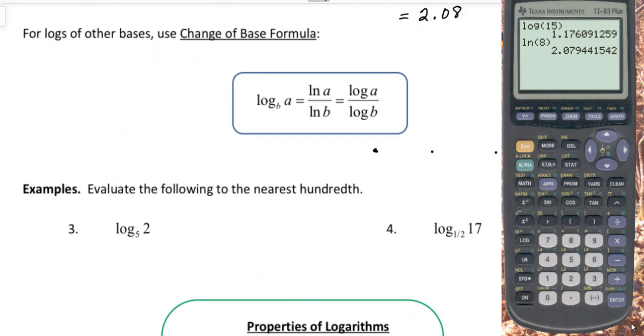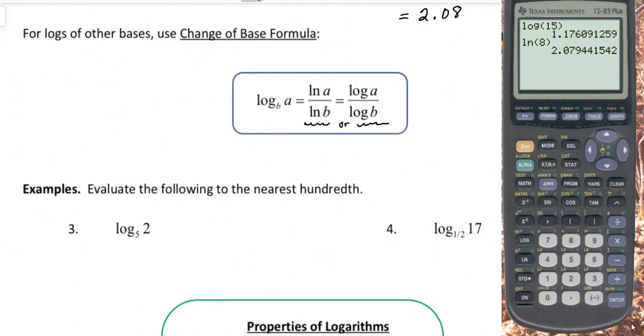What it basically does is it takes any base of my logarithm and changes it into either base 10 or base e. So just know that this formula can either use base e or change it to base 10.